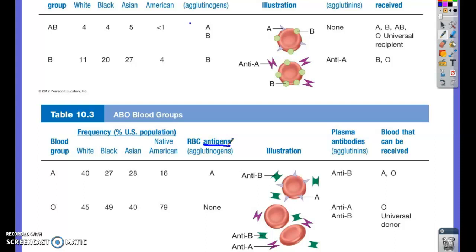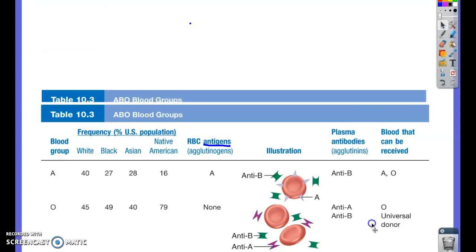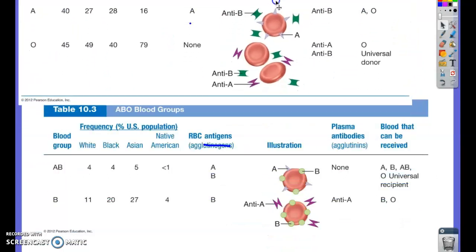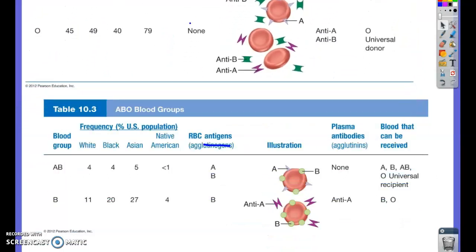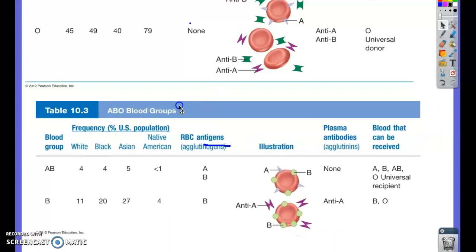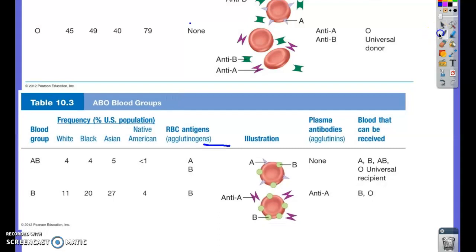Up here at the top, if it has little yellow ones, I'm not sure if y'all can see that. Let me bring it down a little bit so you can see them. If it has little yellow ones, those are type B antigens, and that would be type B blood over here.